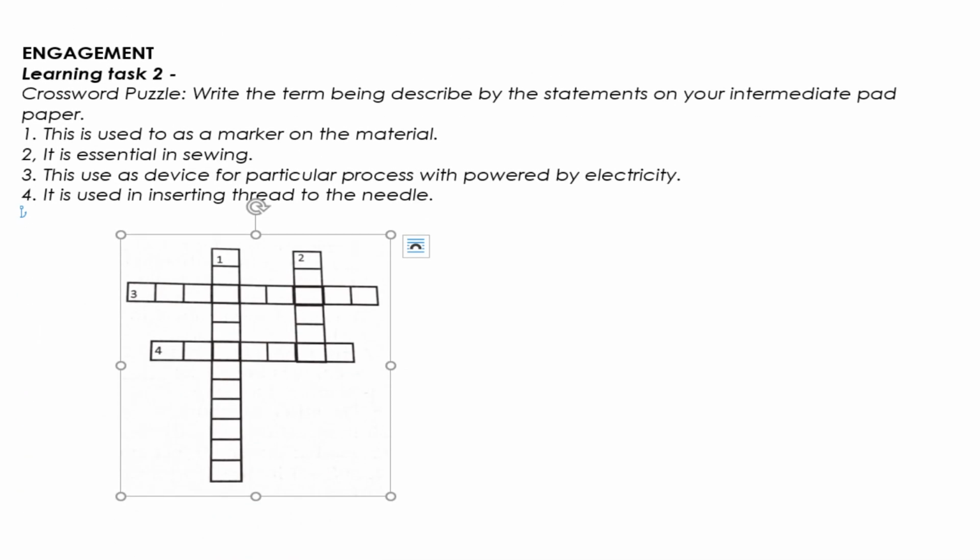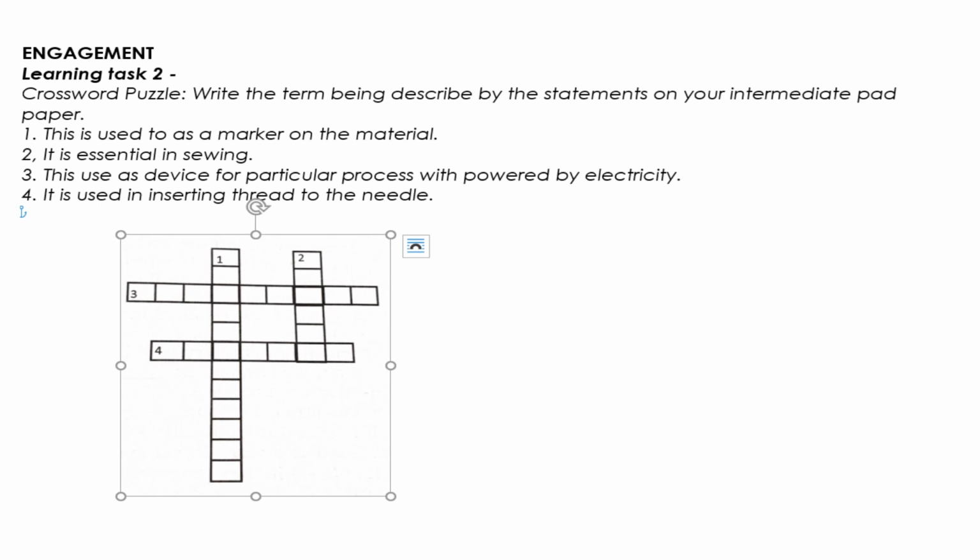For your learning task 2, it is a crossword puzzle. Write the term being described by the statement on your intermediate pad paper. Okay, so I need 4 answers for this. This is used as a marker on the material.